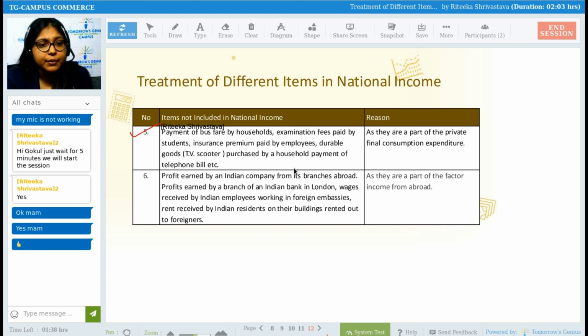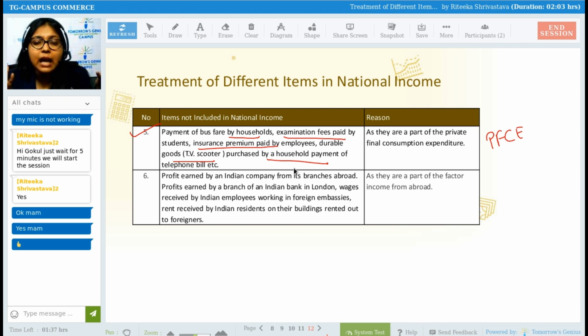Fifth, payment of bus fare by household, examination fees paid by students, insurance premium paid by employees, durable goods purchased by a household, payment of telephone bill. Again, this will be included under national income as part of PFCE, that is private final consumption expenditure.